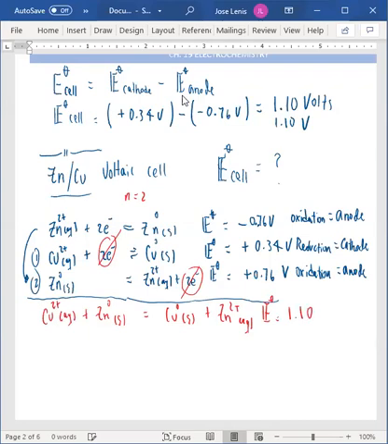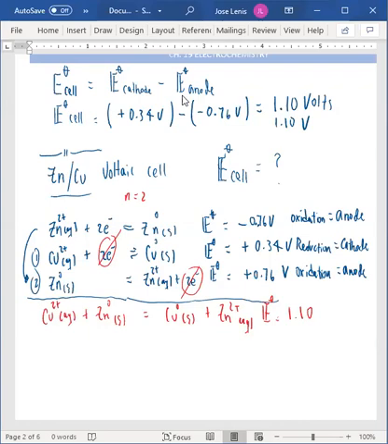You see, two different ways to do it. Previously, I showed you using the equation. You use this equation, you don't have to reverse anything, just plug in the numbers as you find them on the table, and you get 1.10 volts. That's the standard potential for the cell. However, eventually you will have to do this because you need to find which one is the oxidation.